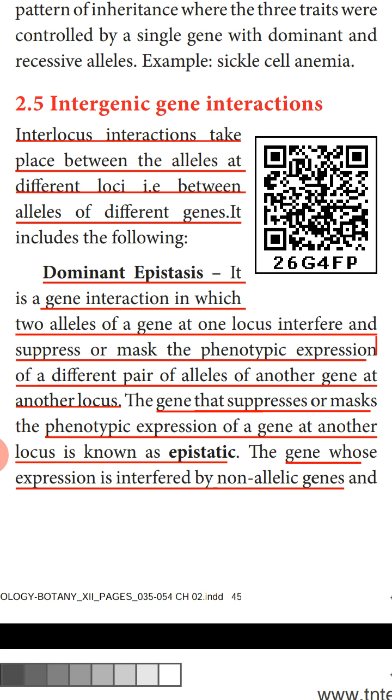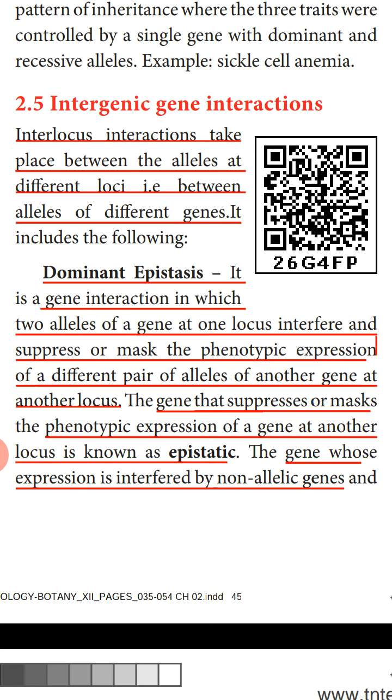Here it is a gene interaction in which two alleles of a gene at one locus interfere with and suppress or mask the phenotypic expression of a different pair of alleles of another gene at another locus.